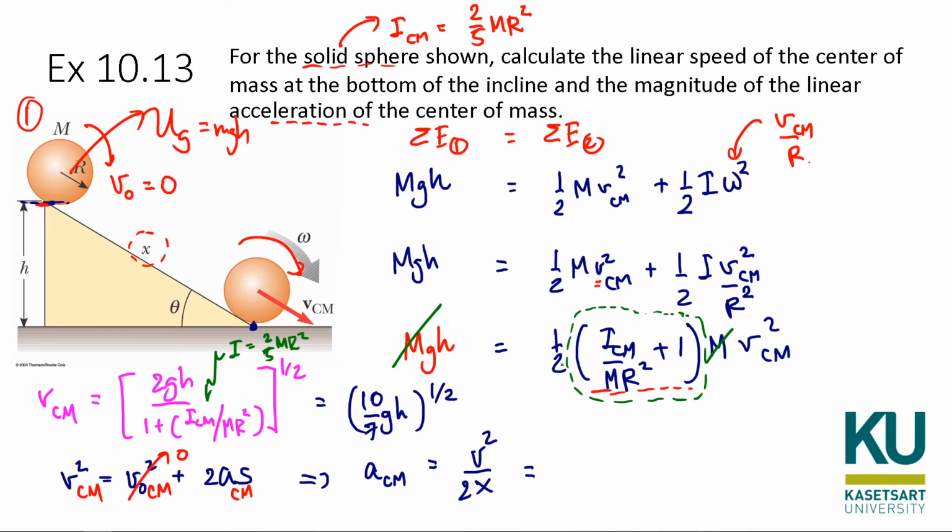Now we put v in, where v squared equals 10/7 gh, which I substituted already. When squared, the square root is gone, over 2x. This gives 5, and finally you will have this in meters per second squared.